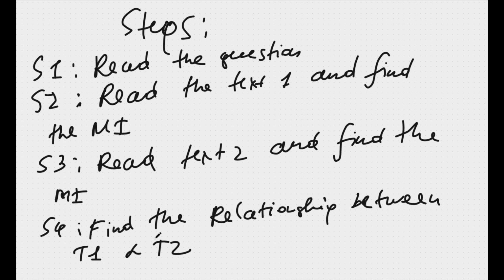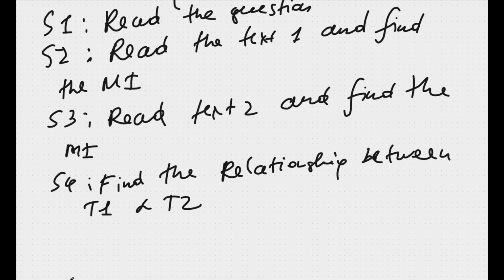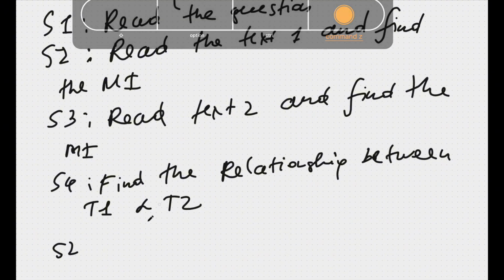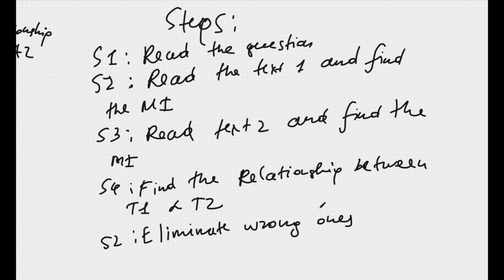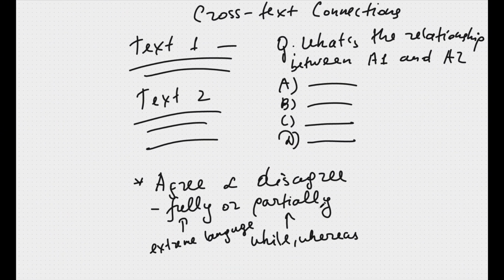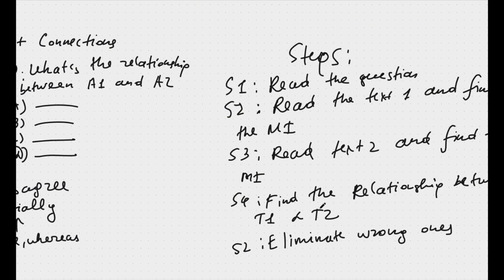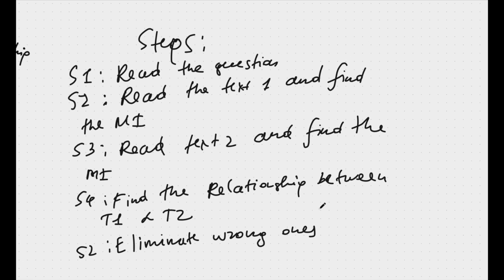So yeah, these are the steps. And after this, match the answer and eliminate wrong ones. I think that's it. Not so hard. Maybe we can look at one question.